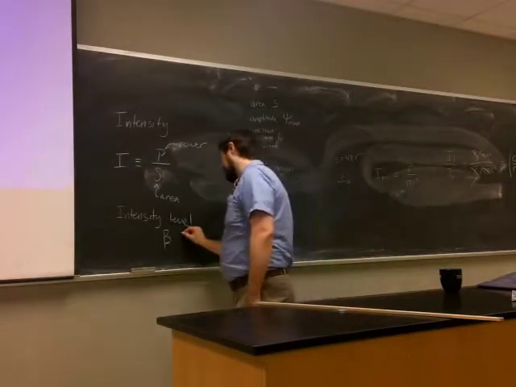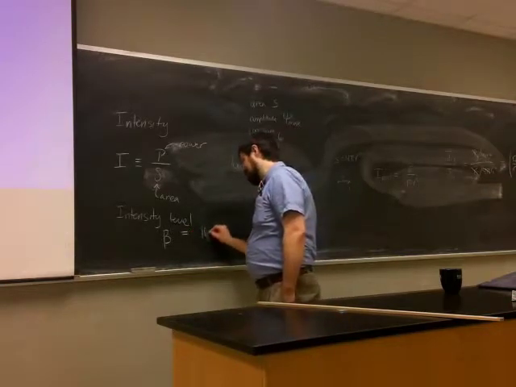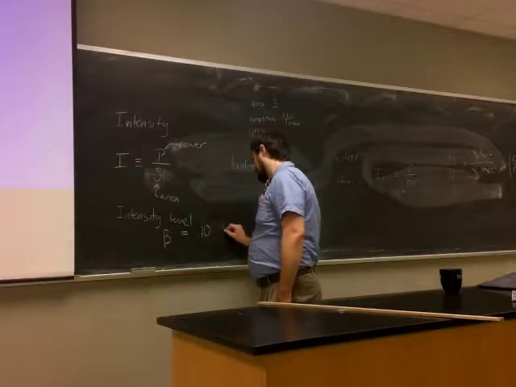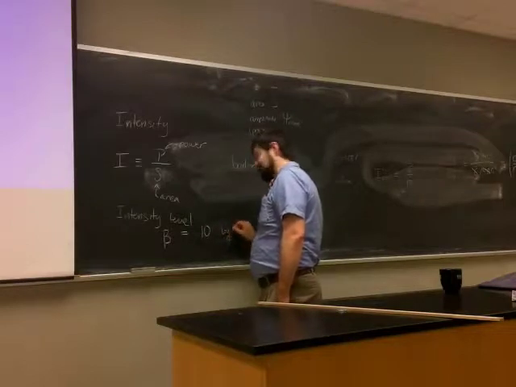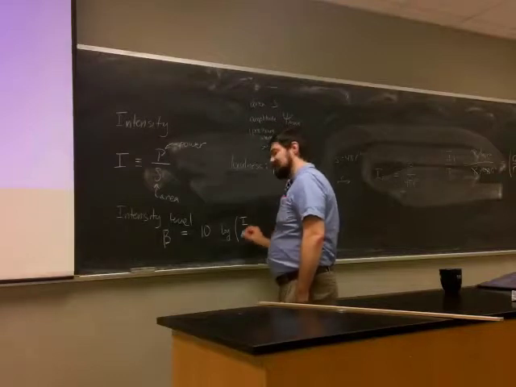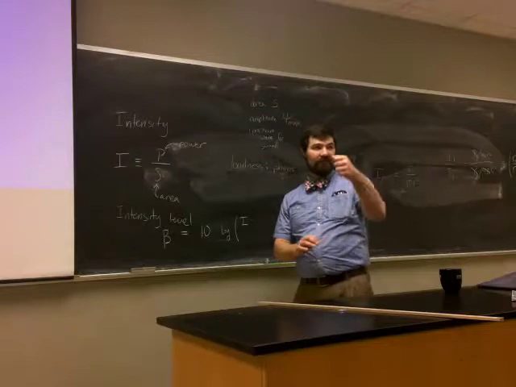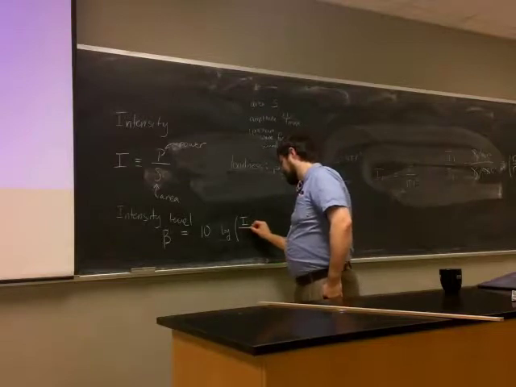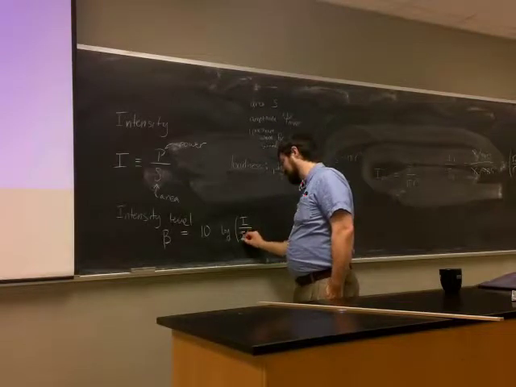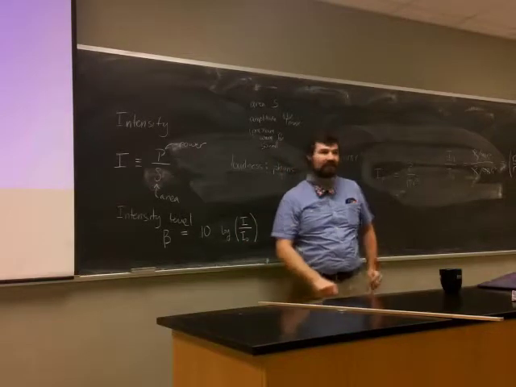And it turns out that the way that you figure out beta is you take 10, you multiply it by the log, base 10, of your intensity, the actual sound or source intensity at wherever you're measuring it. And then you divide this by some known base intensity, I naught.